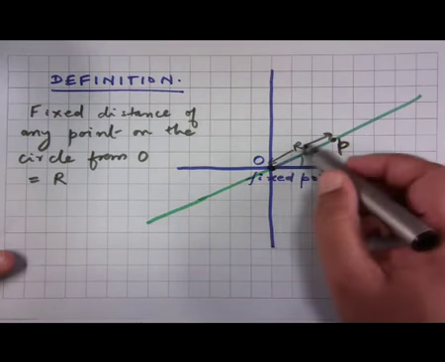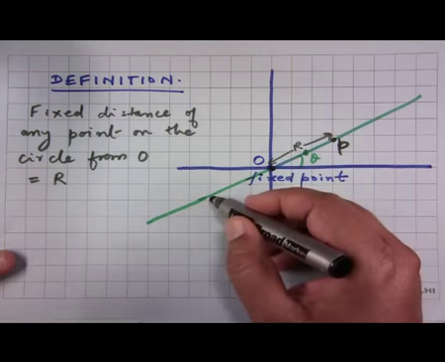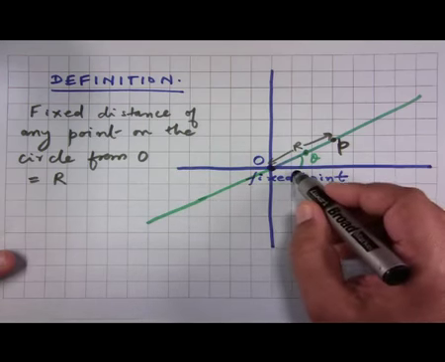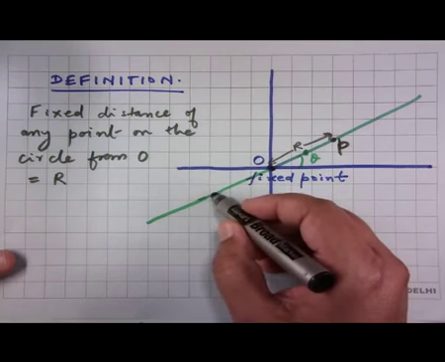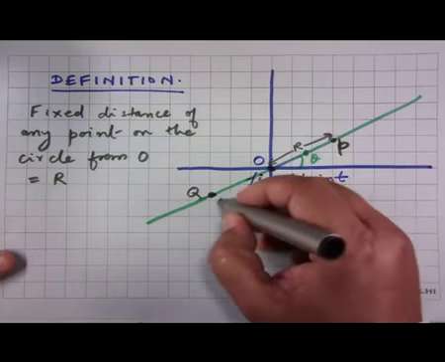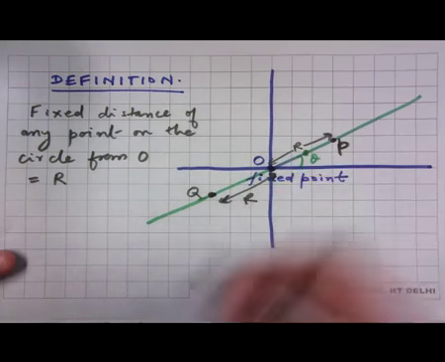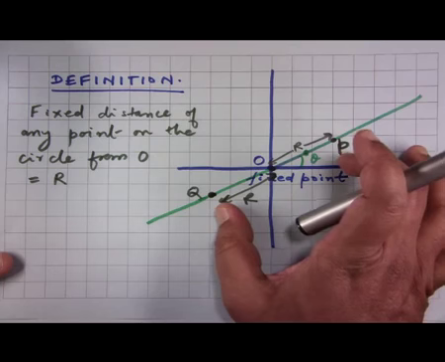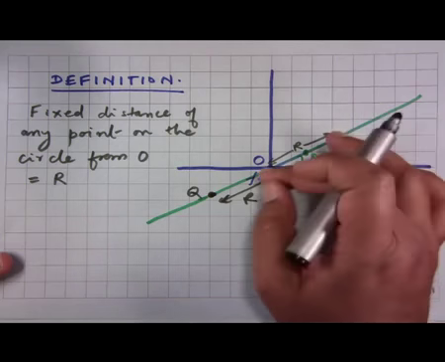Now, instead of going in this direction, we could have gone in the other direction, and then we will get some other point, let us say this point Q. So, this distance is also r. Now we have 2 points P and Q which are at a distance of r from this fixed point O.